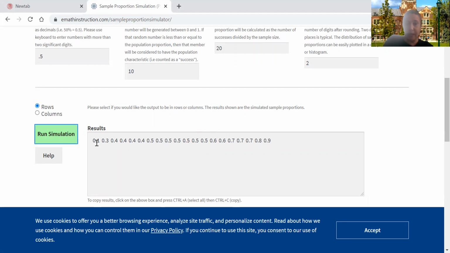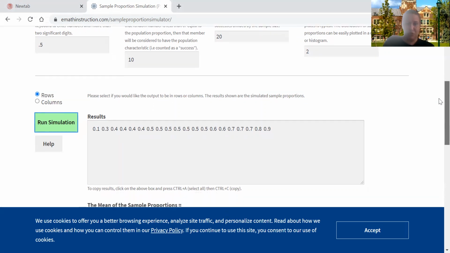This is incredibly unusual. This means that one person only got one head out of their 10 flips, and then someone else down here got 9 heads on their 10 flips, right? Very unusual.